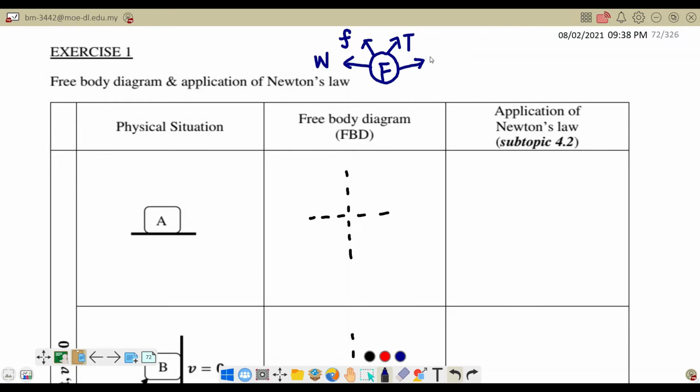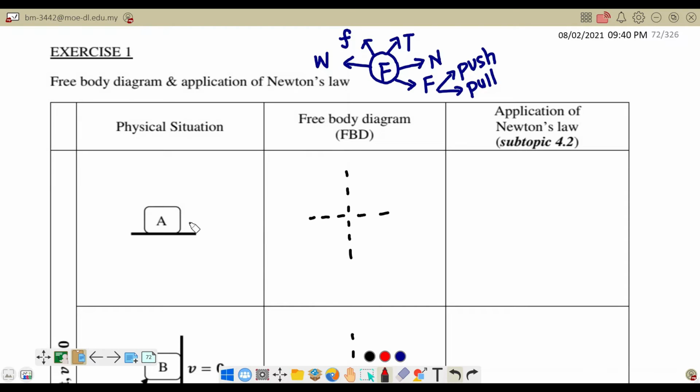Number 4 is the normal force, when there is a contact surface, and the direction of the normal force is always perpendicular to the contact surface. And lastly is our external force. Here we also have pushing force or pulling force.